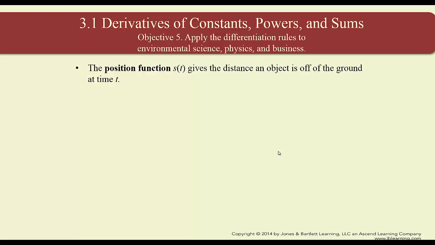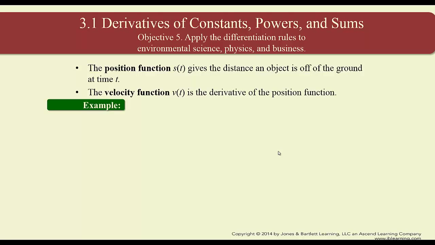It's usually given by s of t, and the position function will give the distance an object is off the ground at a specific time t. And if you take the derivative of the position function, you get a new function called the velocity function. And the velocity function, it's nothing more than the derivative of the position function, but it'll give you the velocity of an object at time t.